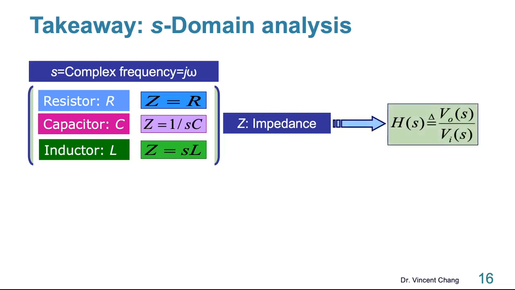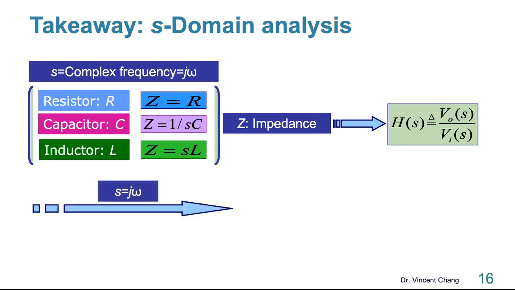Then you derive the transfer function in the S domain. And then you replace S by j omega, where omega represents the physical frequency. And then the complex transfer function is revealed.